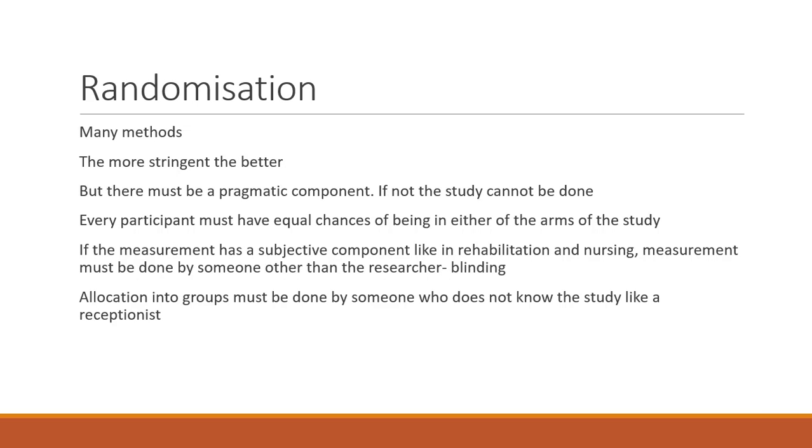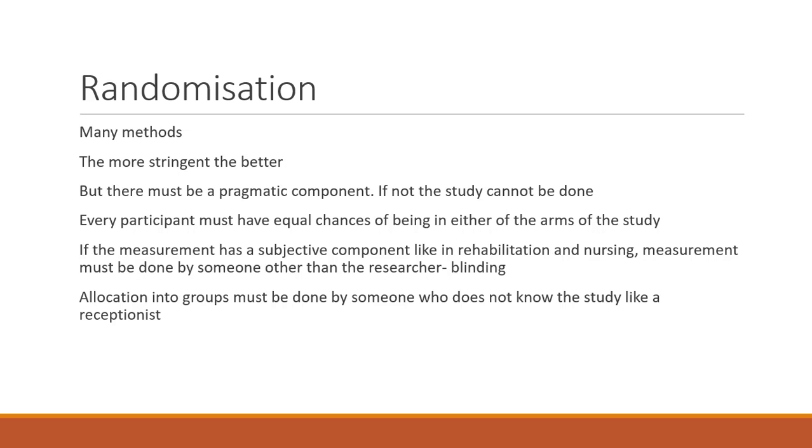What is randomization? There are many methods of randomization. The most highly rated one is by producing a random numbers table from the computer generated random numbers table. Other methods are also used. The more stringent the randomization method, the better. But there must be a pragmatic component. If not, the study cannot be done.